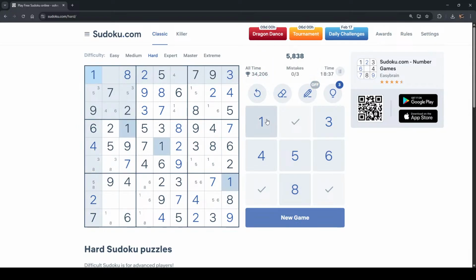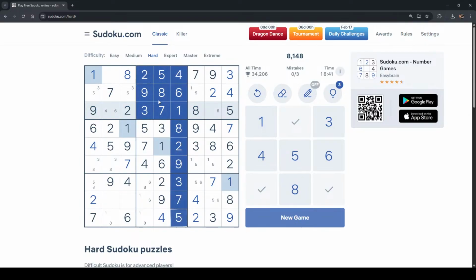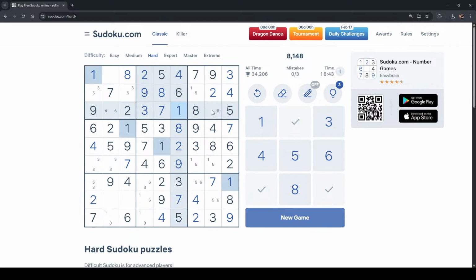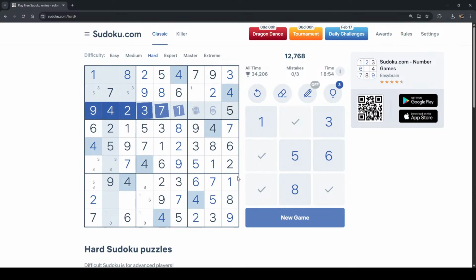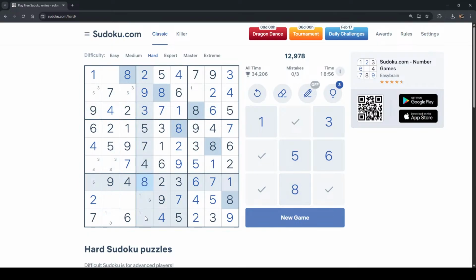That means this has to be 1, this has to be 4, and this has to be 1. Then you see all of these are coming in like a chain. Okay, this has to be 6, this has to be a 5, this has to be a 6, this has to be a 1, this will be a 5, then this will be a 4, then this will be an 8, this will be a 1, this will be a 6.